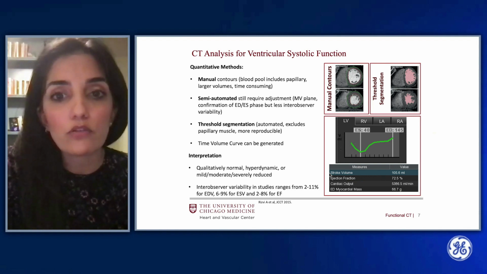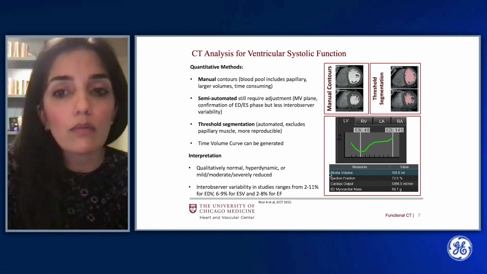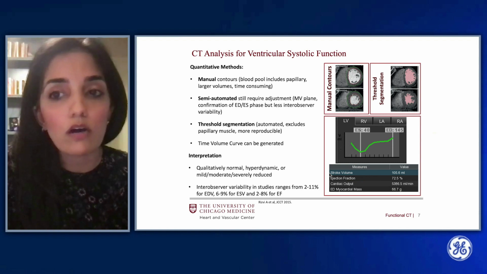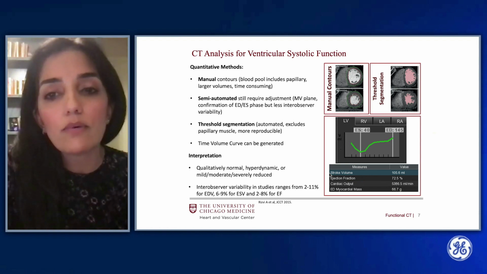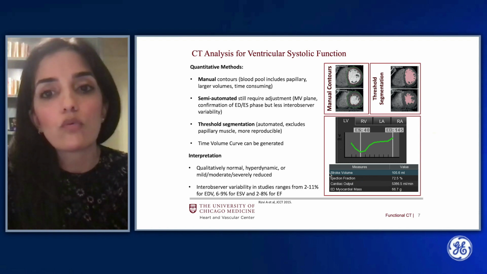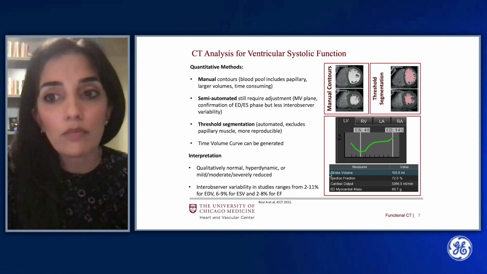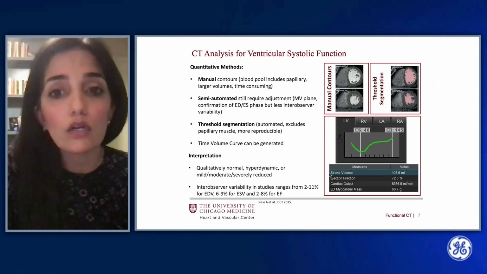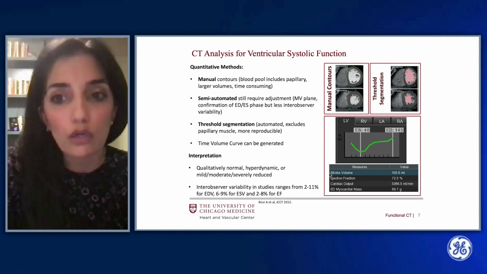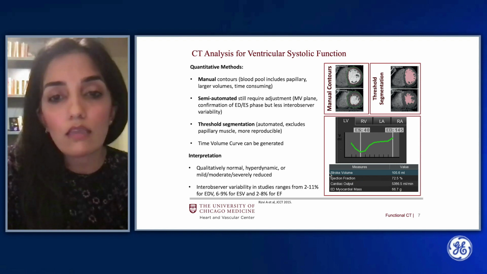Lastly, and perhaps the most streamlined for clinical use, is automated threshold segmentation, which is an automatic technique that relies upon differences in attenuation between the blood pool and the myocardium, and thus is able to exclude the papillary muscles from the blood pool. Accordingly, the volumes with this method are lower due to the papillary muscle exclusion, but this approach has good reproducibility.